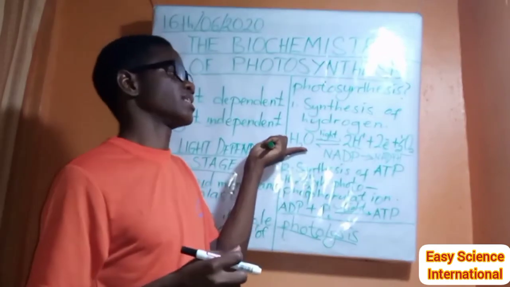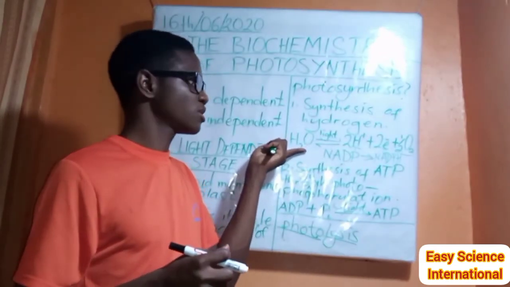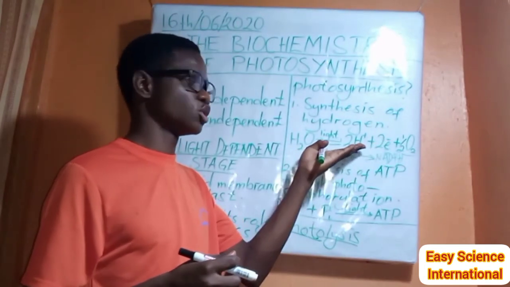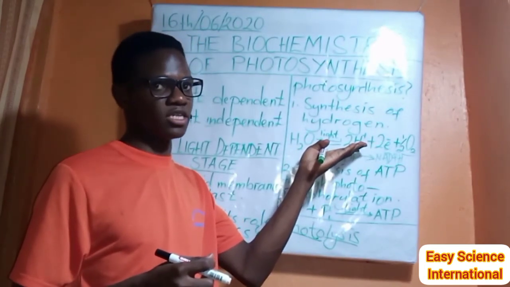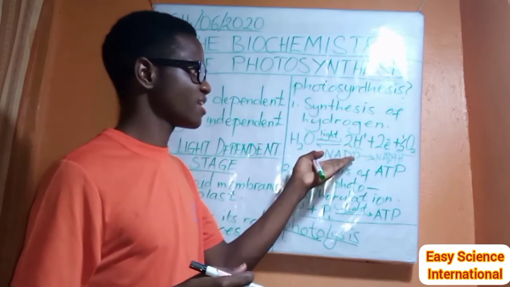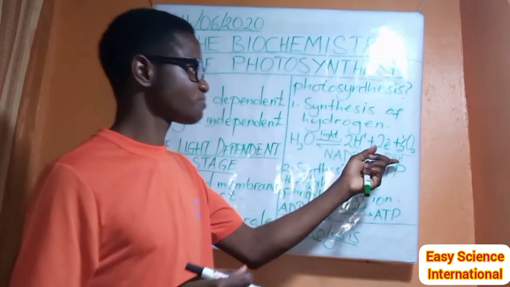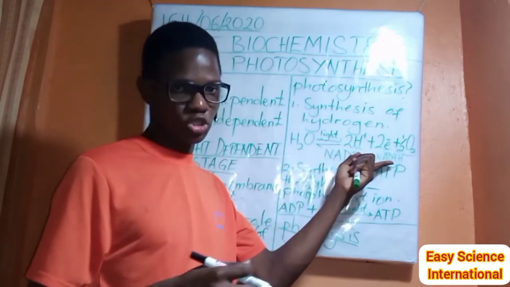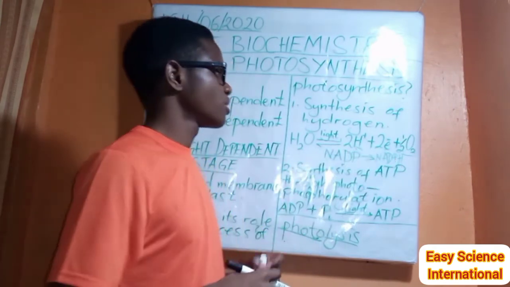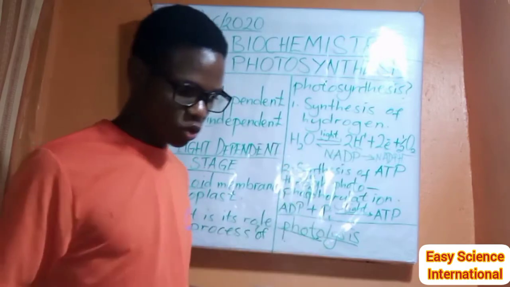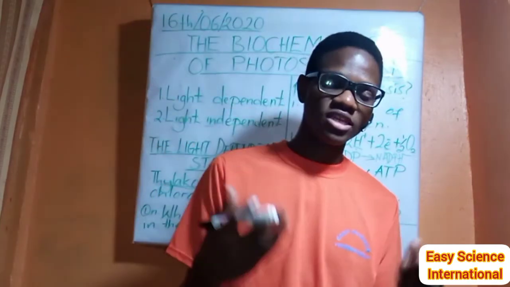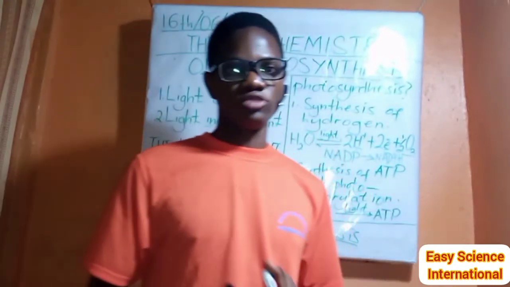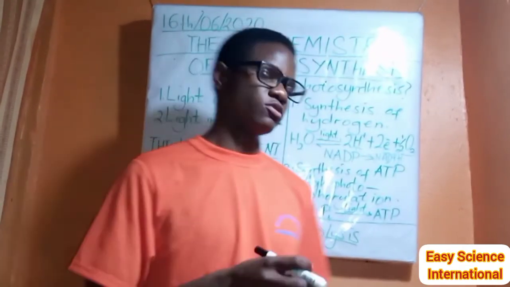From a single molecule of water we yield just 2 electrons and 2 protons, or 2 hydrogen ions, which are then accepted by NADP by reducing it to form NADPH. Then the 2 electrons are also transferred to the chlorophyll molecule through the electron transport system. We shall look at that also.